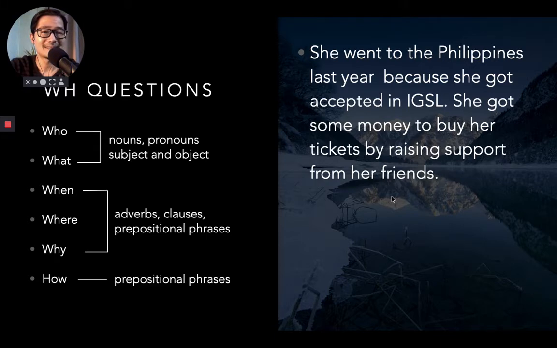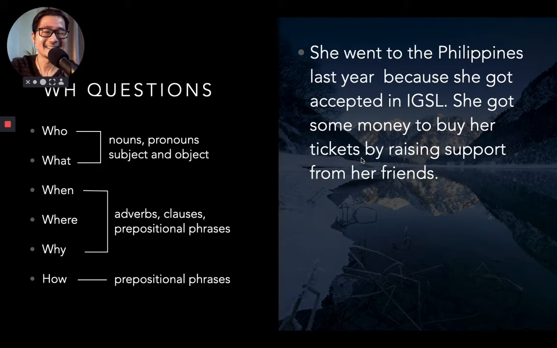Okay, now, how do we ask a question? We ask a question by doing something like this. She got some money to buy her tickets. How? How did she do that? Yeah, we can ask that question.